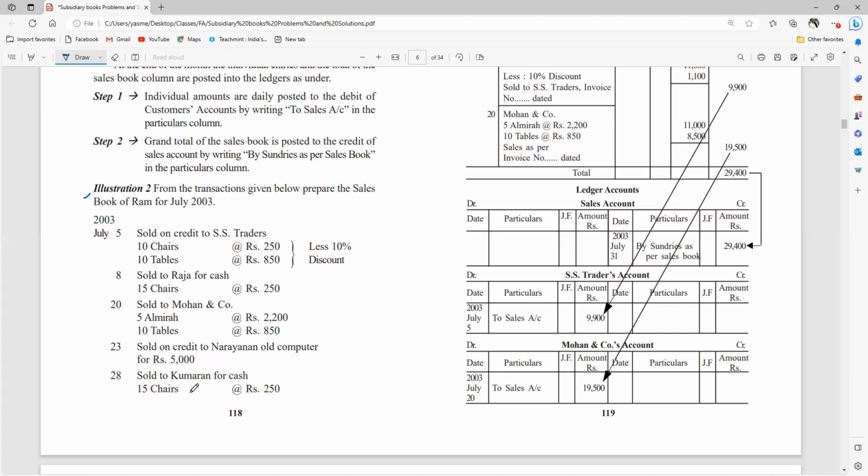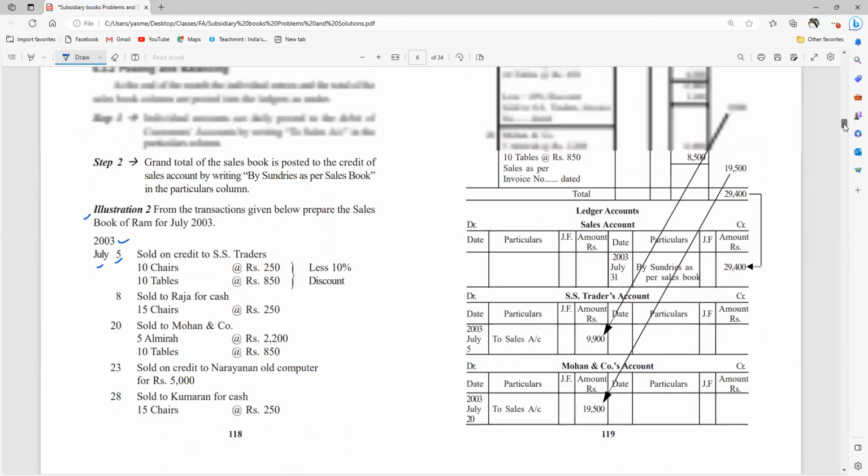We are preparing a sales book for July 2003. On 5th July 2003, what is the transaction here? Sold on credit to SS Traders. When we are selling, the person who is purchasing from us is a customer, a buyer, that may be a company or an individual.